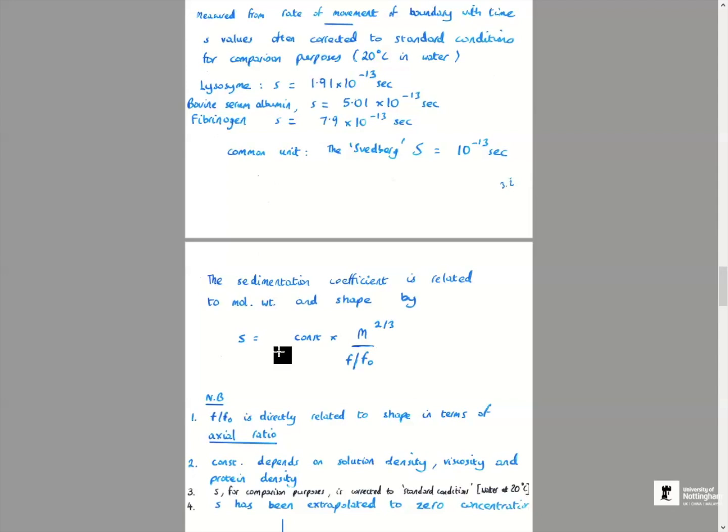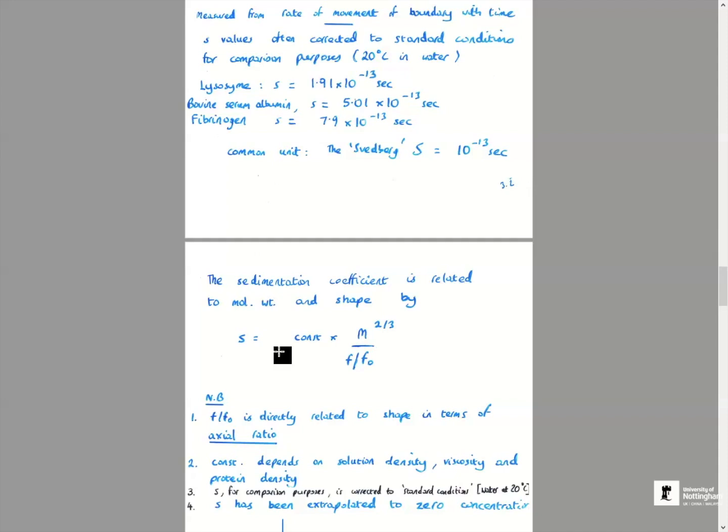Otherwise, it's greater than 1. So you get a value of 1 if it's spherical and unhydrated, otherwise it's bigger than 1. If it's less than 1, you made a mistake. Okay, so that's the frictional ratio.